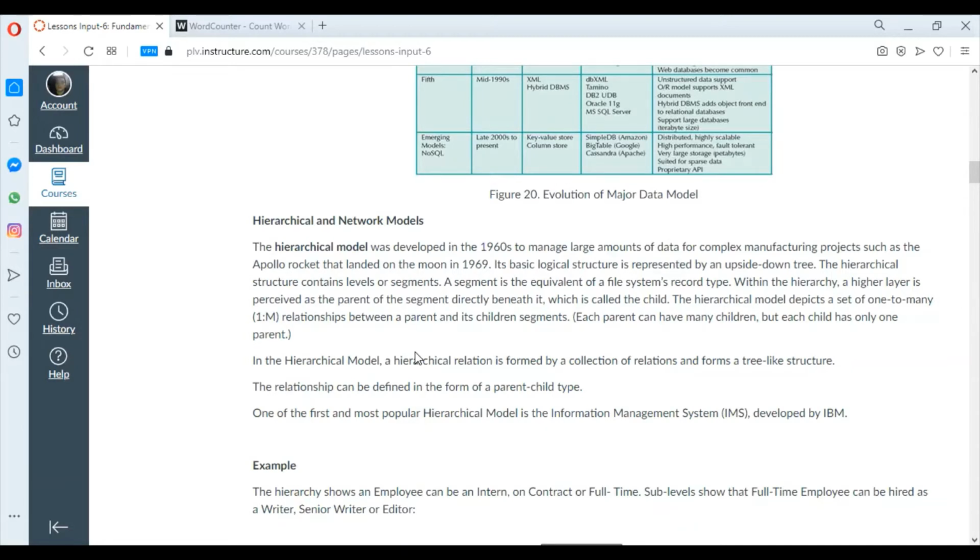In the hierarchical model, a hierarchical relation is formed by a collection of relations and forms a tree-like structure. The relationship can be defined in the form of a parent-child type. One of the most popular and first examples of the hierarchical model is the IMS, or Information Management System, developed by IBM.